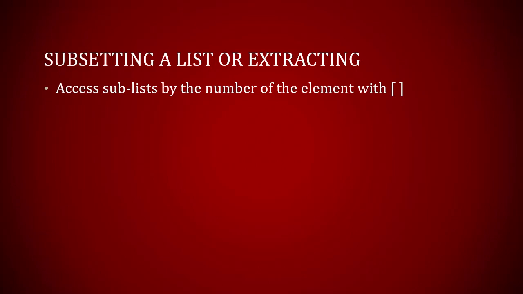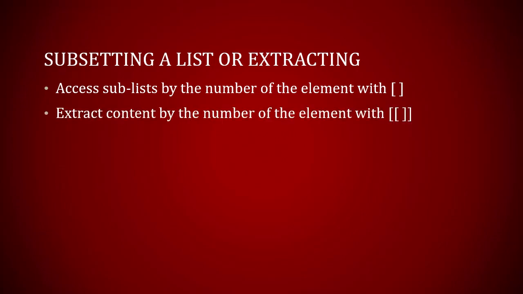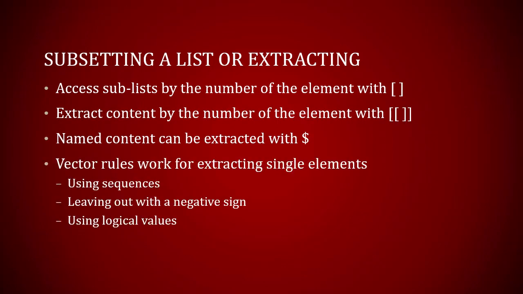We access a sublist by the number of the element with the subset operator, the square brackets, but we extract content by the number of the element with the 2 square brackets, and if it's named, you can extract with the $ sign. Vector rules work for extracting single elements, using sequences, leaving out with a negative sign, and using logical values, but those have to be single elements. It can't be something within a list.